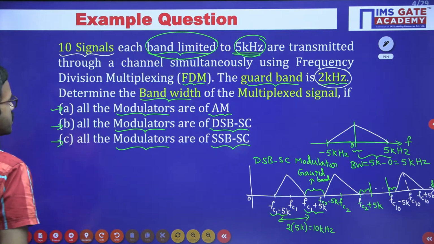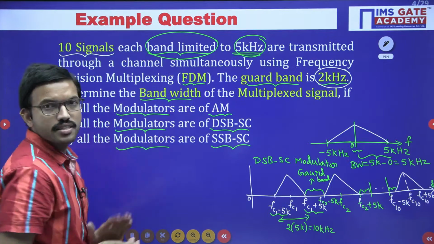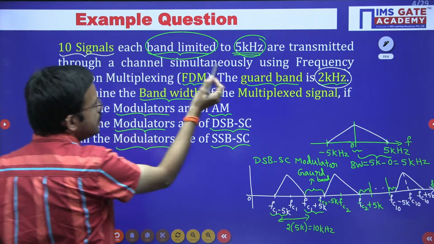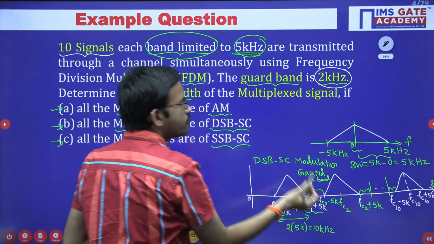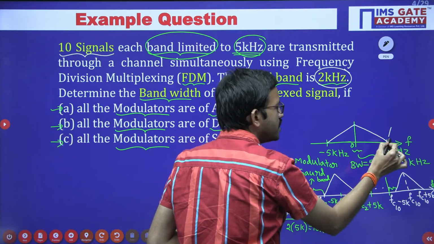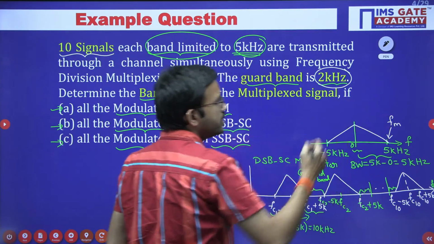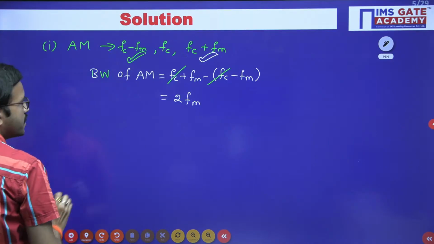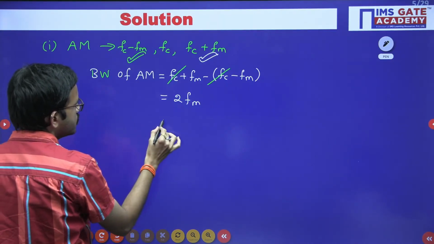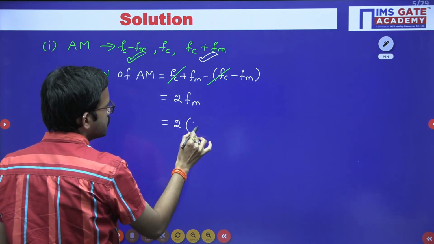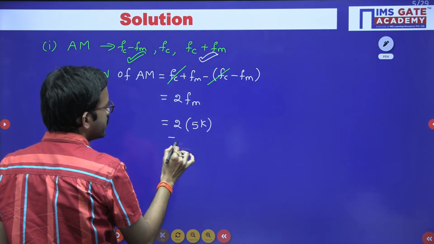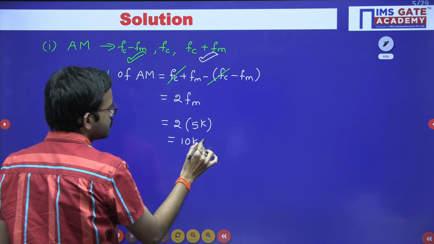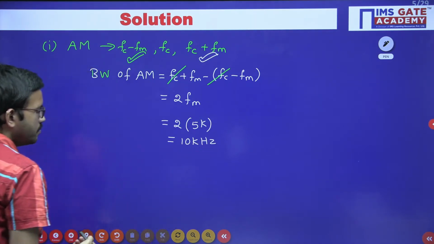Now in this question, you have 10 signals. For every signal, they have mentioned it is band limited to 5 kHz. So this 5 kHz is nothing but your FM. That means the bandwidth of AM is 2 into 5K, that is 10 kHz.